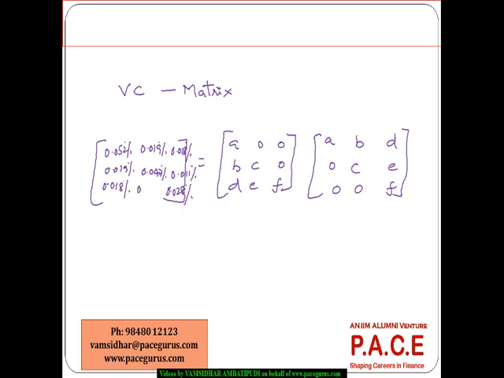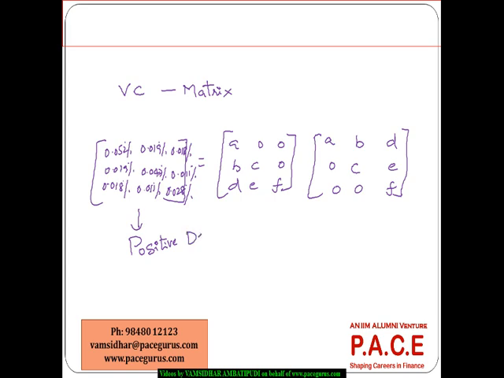So this is your variance covariance matrix, right? You are able to write it in this form, find out A, B, C, D, E, F, and solve for them. This is very much possible only when this variance covariance matrix is definitely positive definite.